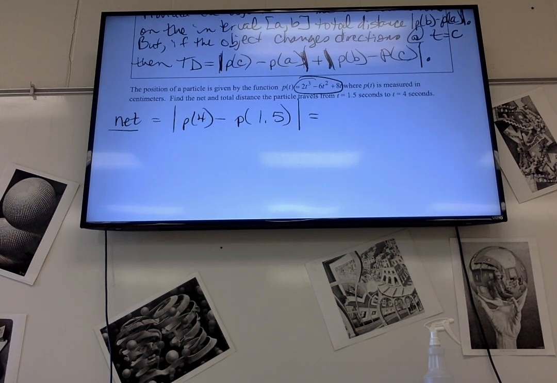So that's 2x cubed minus 6x squared plus 8x. And then you just go alpha trace to get to the y1. And then put the parentheses 4, alpha trace, parentheses 1.5.